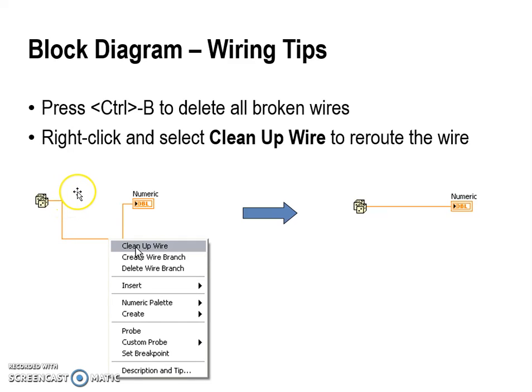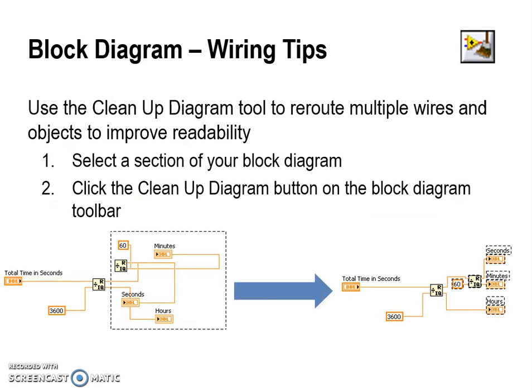If I finish my block diagram, I can select a wire and select the clean up wire option, and LabVIEW will do its best to clean that up a little bit and organize my block diagram for me. But it's really good practice to keep it organized as I go through.